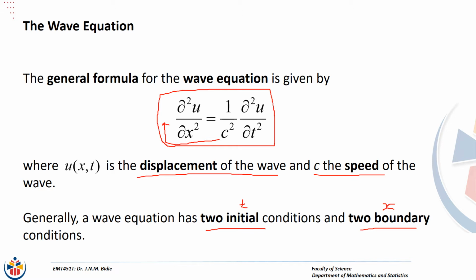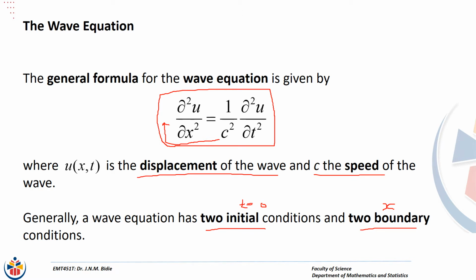So our boundaries: x goes from 0 to x equal to L. Initial conditions, I hope we still remember, initial means t must be equal to 0. So what happens at the start? Do we have initial displacement? Do we have initial velocity at the beginning of the string?